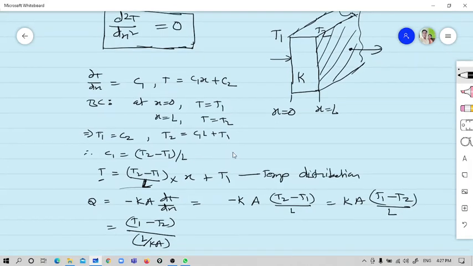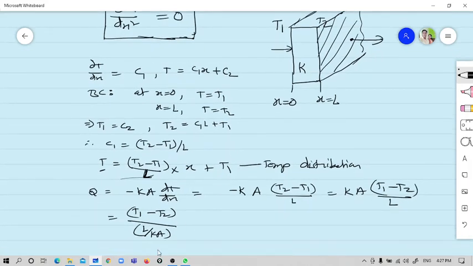This equation, if I compare with your electrical technology equation, then Q resembles the current, T1 minus T2 resembles the potential, and this denominator obviously will be the resistance.